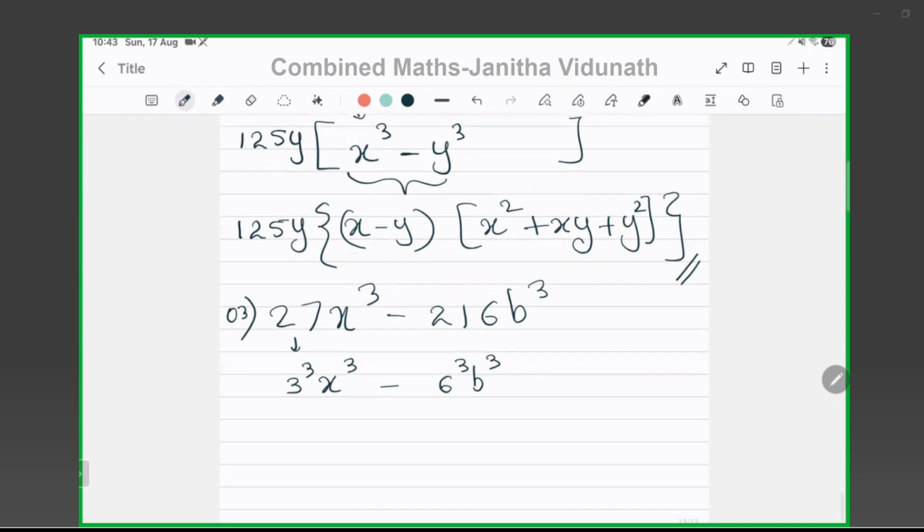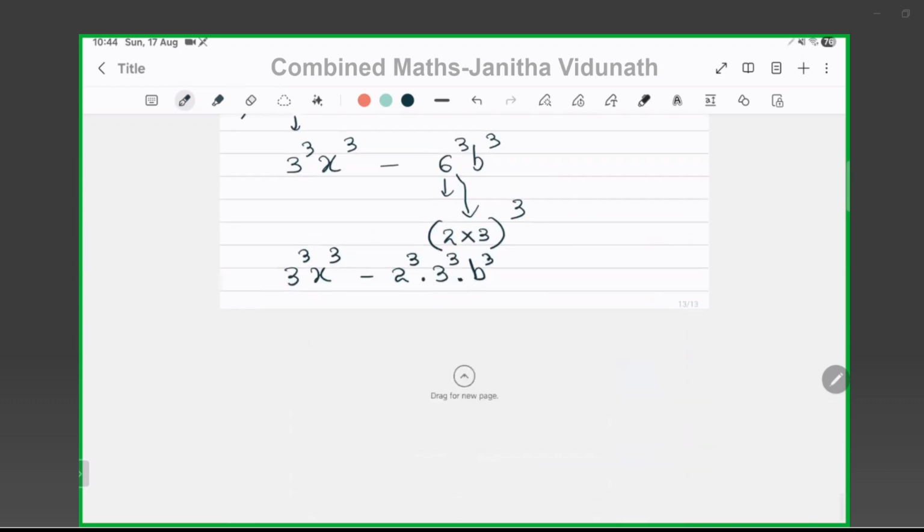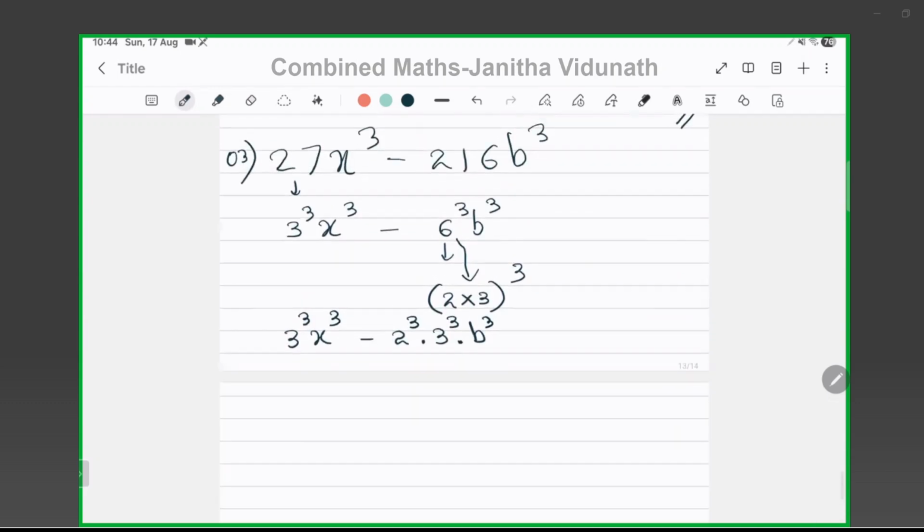Now we can rewrite 6 to the power 3 as 2 times 3 to the power 3. Here simply we replace 6 by 2 times 3. Then we get 3 to the power 3 x cube minus 2 to the power 3 times 3 to the power 3 times b cube, because we can simply rewrite this as 2 to the power 3 times 3 to the power 3.